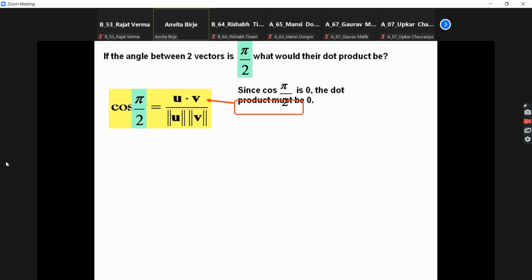Okay. So cos theta being 0 means the dot product is going to be 0. Cos 90 is 0, so in the division the numerator is 0. Numerator 0 means u dot v is going to be 0. So whenever two vectors are perpendicular to each other, the dot product is always 0.